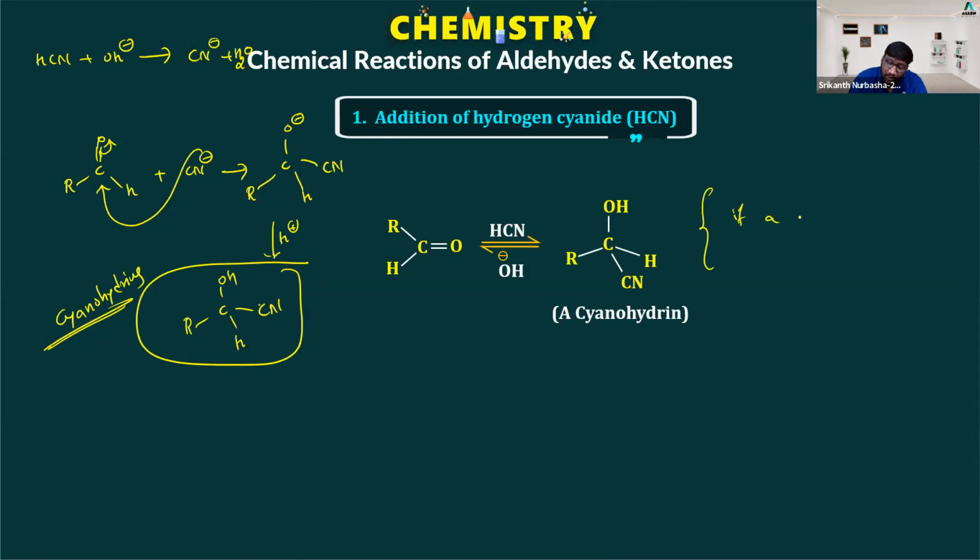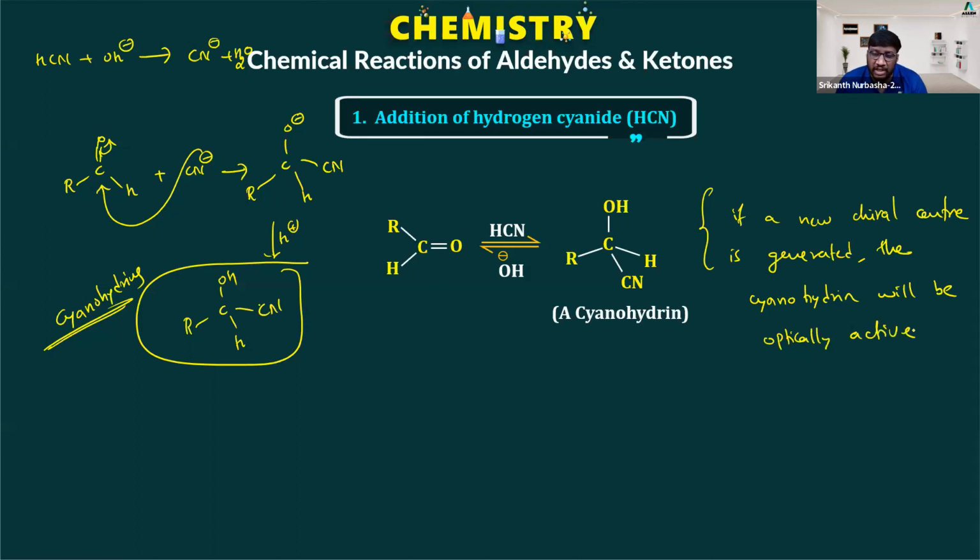If a new chiral center is generated, the cyanohydrin will be optically active, and it forms a racemic mixture. Why? Because you are getting two different enantiomers, 50% of one type and 50% of the other.